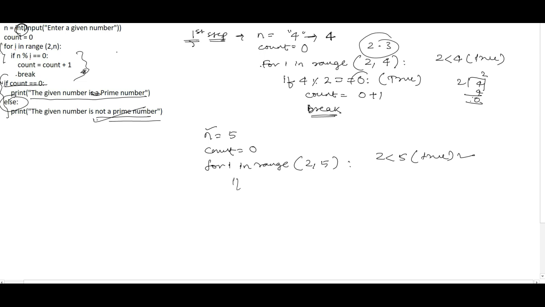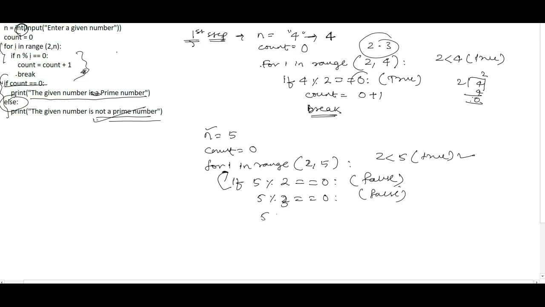Next, the if statement: if 5 percent i, which starts with 2, double equals 0, so this condition is false. Clear? So it will not go inside this if statement, it will go back to the for loop, and then it checks for 5 percent 3 double equals 0, this is also false.